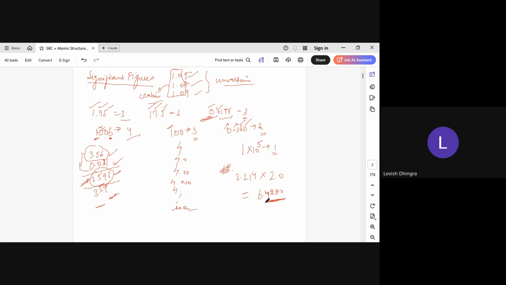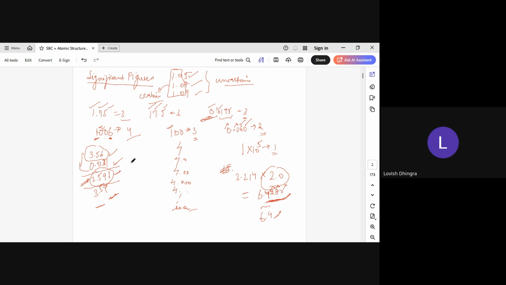So we have 6.4280, but I will count only up to 6.4, because 2.0 has two significant digits, that is 2 and 0. Corresponding to that, I will report only up to 6.4 and neglect 2, 8, and 0. So my answer will be 6.4.